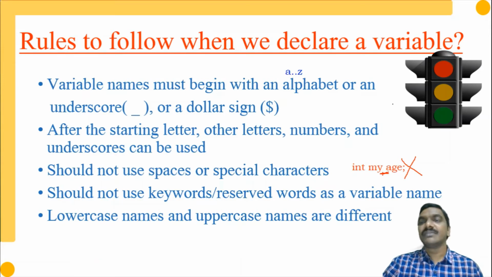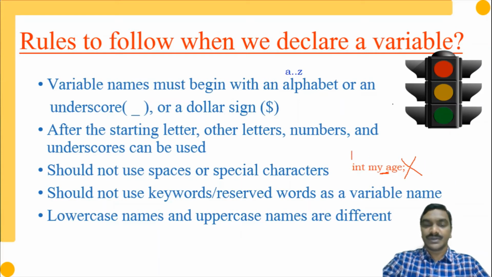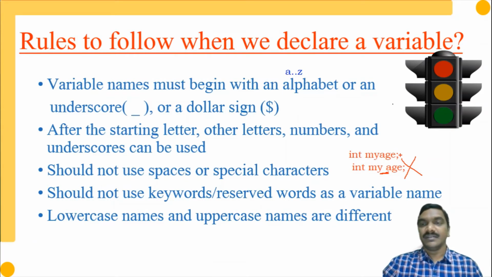So we should not give any space when you declare a variable. And if you want to still declare a variable like this, what you can do is you can give int myAge. Yes, this is a valid statement. Why? Because there is no space here, so we should not use any space. That's what you should remember.